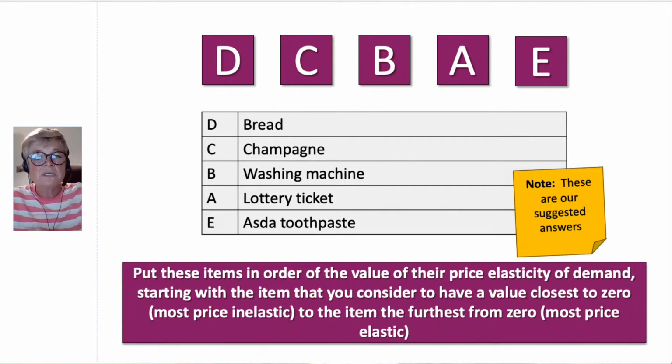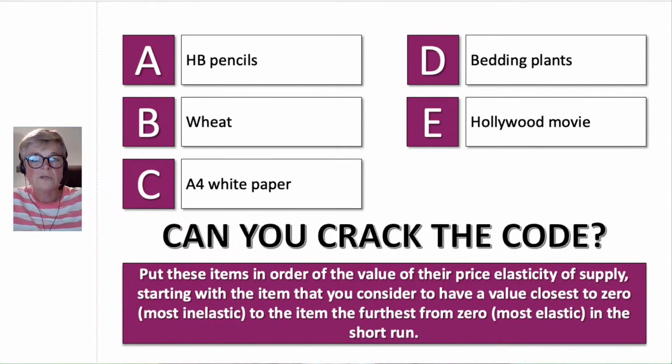Washing machine next, because it takes a large proportion of your income. Lottery ticket, not a necessity. As to toothpaste, we have put right at the most price elastic because there are so many substitutes to Asda toothpaste. As I say, these are our suggested answers, so you can argue with us. Please go ahead.